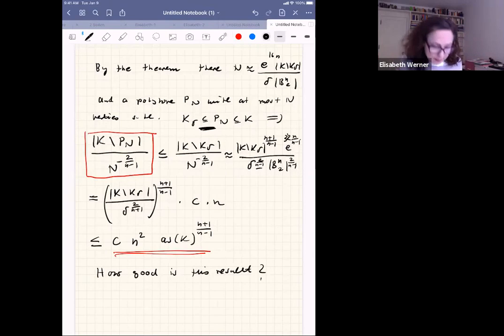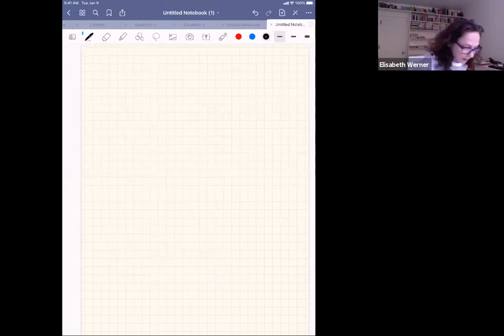Because as I said, when one approximates a convex body by polytopes, one always wants the optimal dependence on all the parameters involved, like the dimension, like the body, like the number of vertices or facets or whatever we have chosen, that is this quantity here.